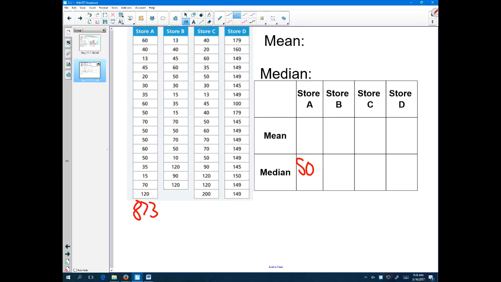Yeah, but I'm dividing 873 by what? 50 or 15? Where'd you get 15 from? Olivia, help them out. 18, and where'd you get the 18 from? That's how many numbers there were.